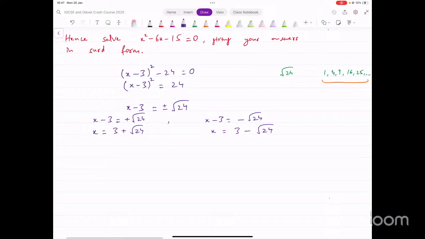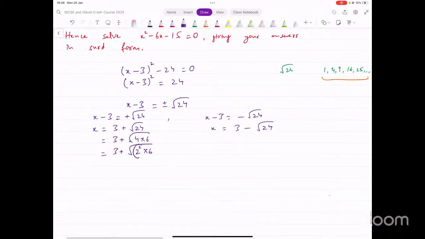And what we can do with this is we can write 24 as 4 times 6 inside the square root. Now, 4 is 2 squared, so we can say that's 2 squared times 6.